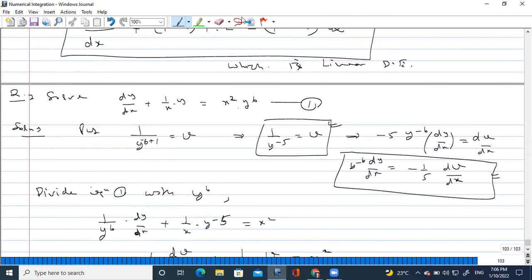Sorry, you have to put y to the power n minus 1, so 6 minus 1, so it will become 5.